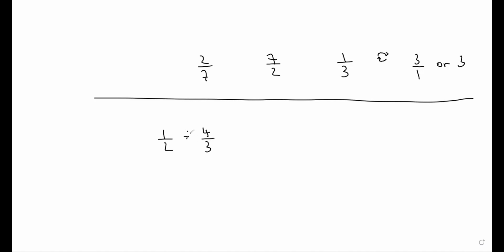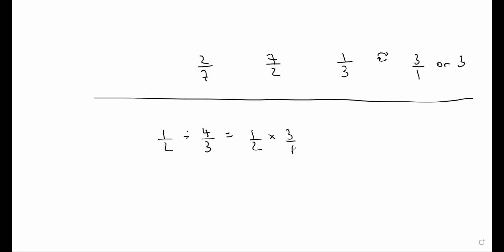Okay, so let's do 1/2 divided by 4/3. So this is what you do. For the first fraction, you keep it the same. So that part's pretty easy. And then you change the sign from division to multiplication. And then the last thing you do is you take the second fraction and you flip it upside down.